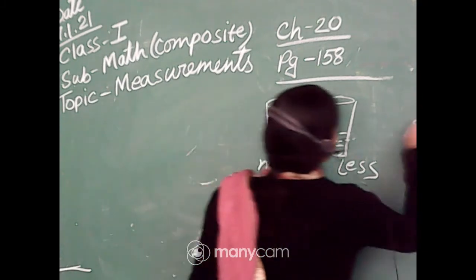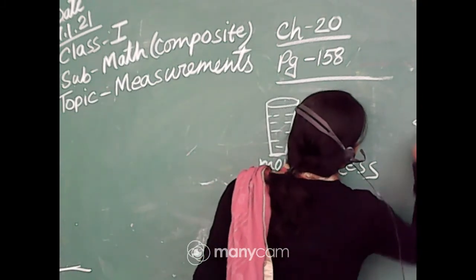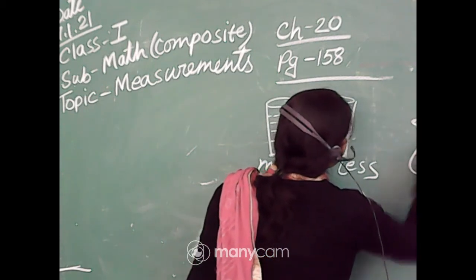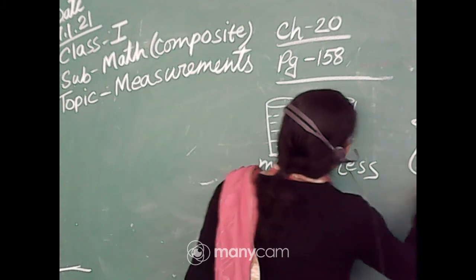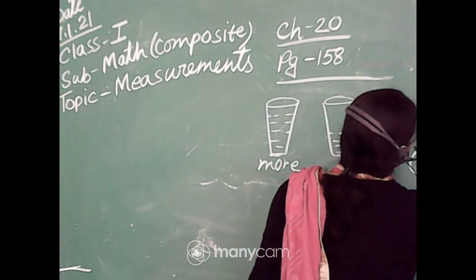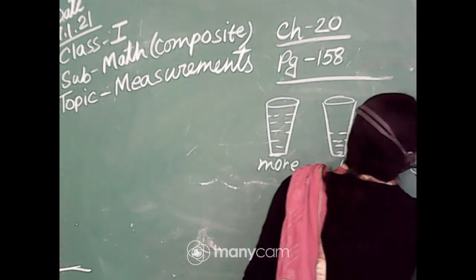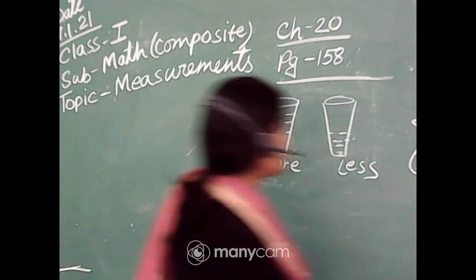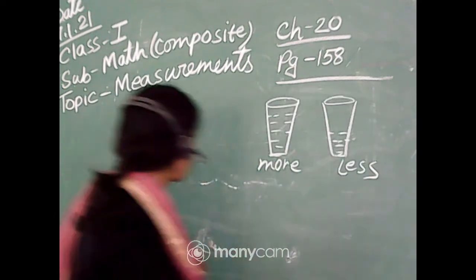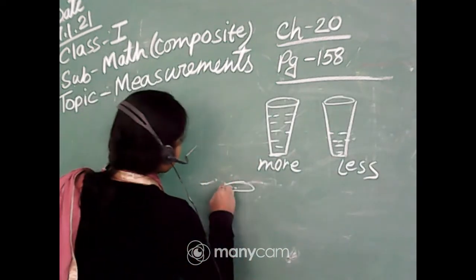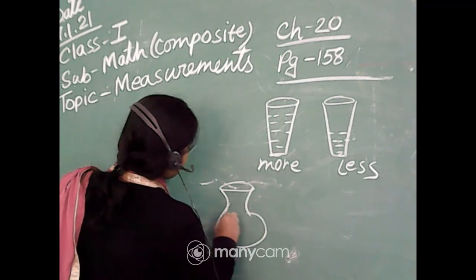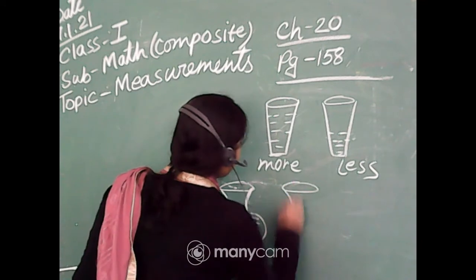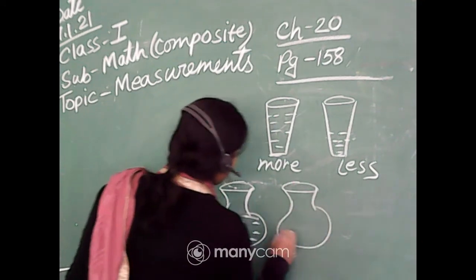Suppose in a jug or a glass pot, there is this much liquid or water, and another one has this much.